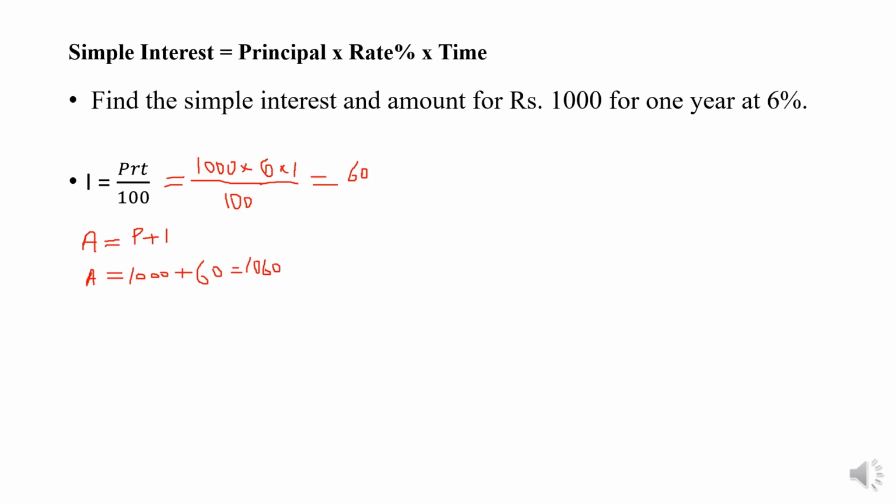So how to find the principal amount? For the principal amount, we use the formula: principal P equals simple interest, or we can say I, into 100 divided by R, the rate of interest, into time.